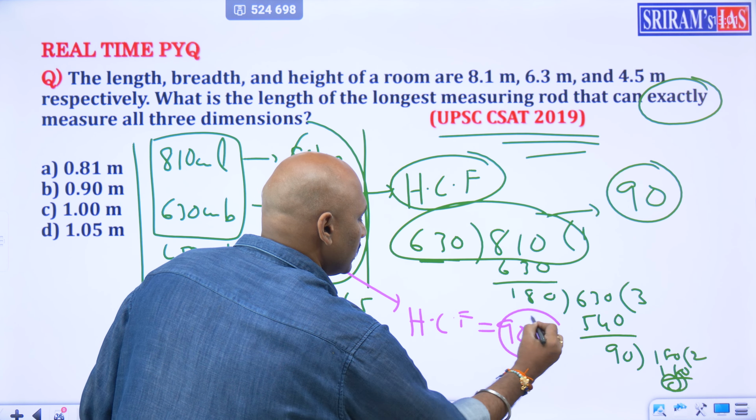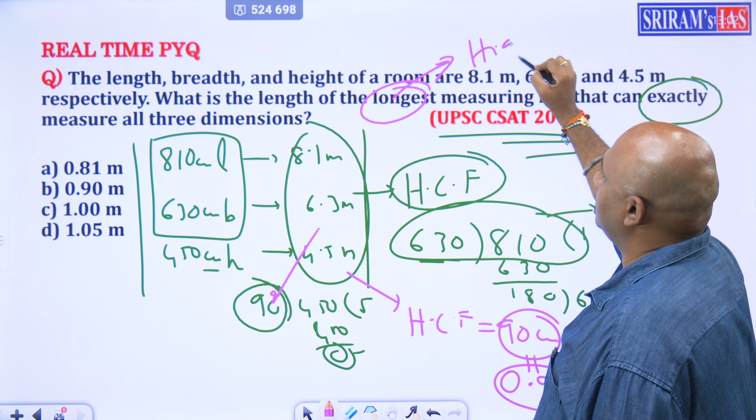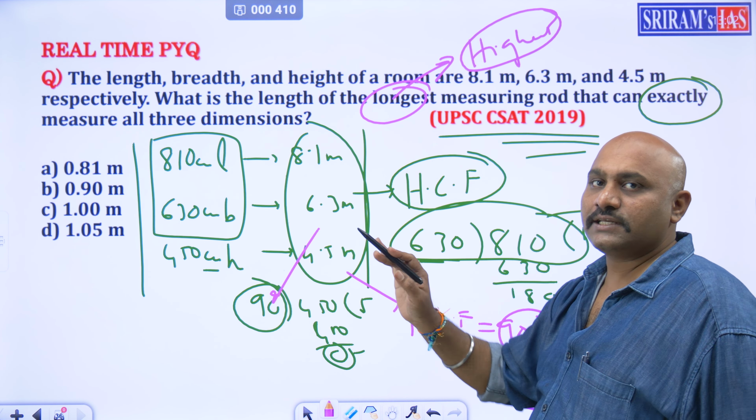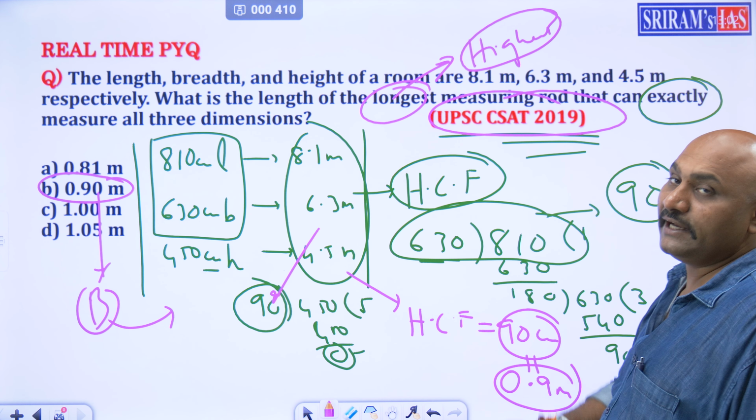Because he asked for the longest, you have to go for the highest. Therefore the longest stick which can be used to measure all these is the 90 centimeter stick or 0.90 meters, which is option B. This question was asked in 2019.